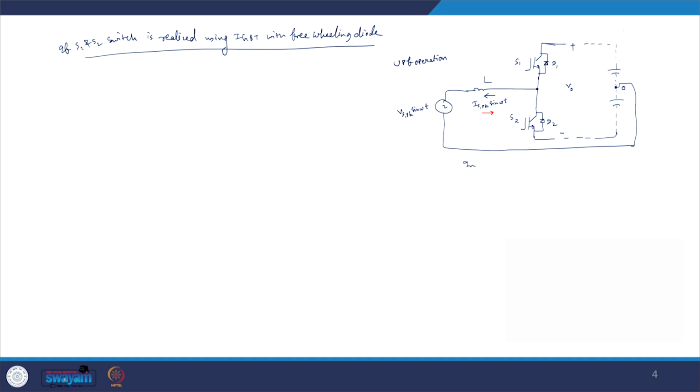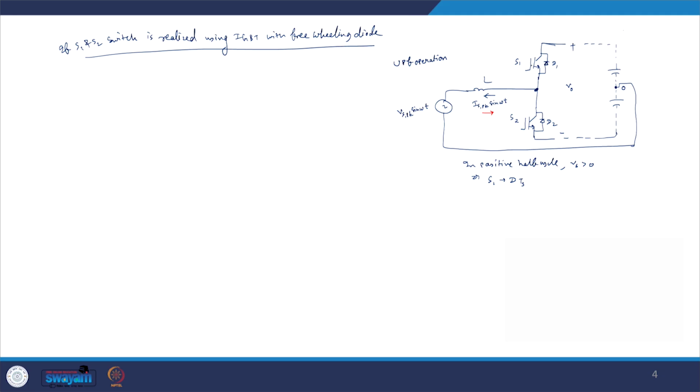So we can write, in positive half cycle, if we assume the current direction in this way, when your Vs is greater than 0, our switch S1 is in conduction for dTs period. Whenever the switch S1 is turned on, the current will flow through the switch S1 between collector to emitter, because we assume that current is coming out of this pole of this half bridge.